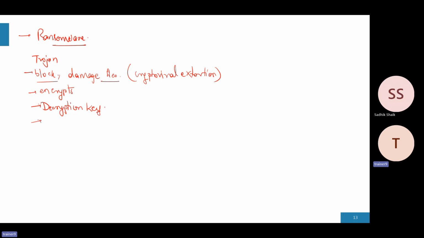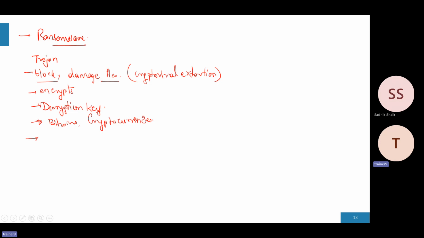Normally these ransoms are paid in digital currency like bitcoins, which is very difficult to trace. Cryptocurrencies are highly used in ransom attacks for that reason.